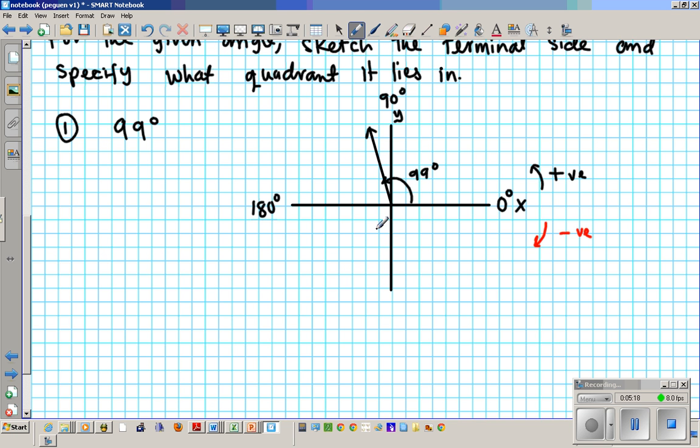This is the terminal side. In what quadrant does this terminal side reside? Remember, this is quadrant 1, this is quadrant 2, 3, 4. So since it stops in the second quadrant, it's going to be in quadrant 2. Okay? This ray right here is known as the terminal side, and that's 99 degrees.